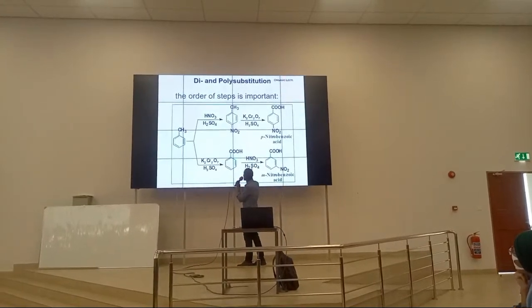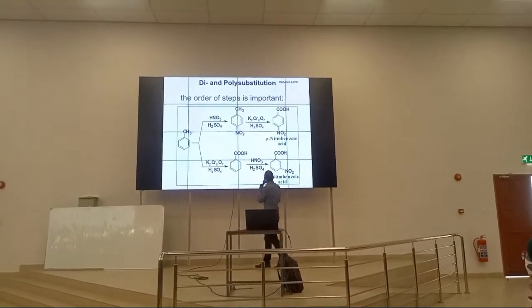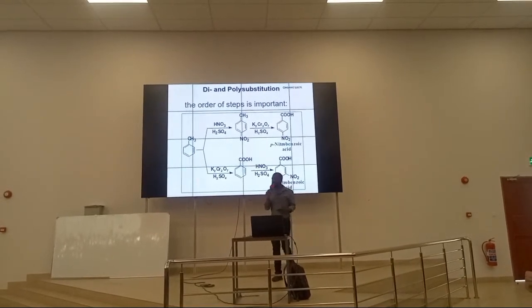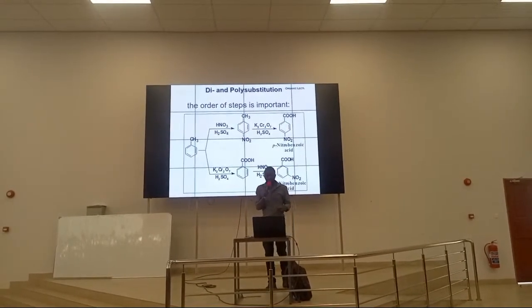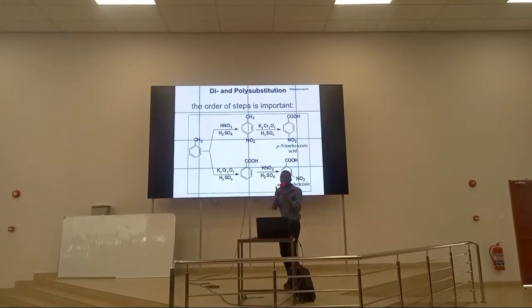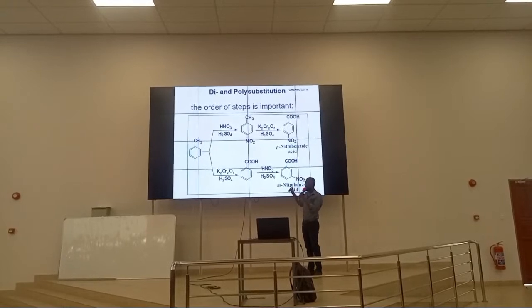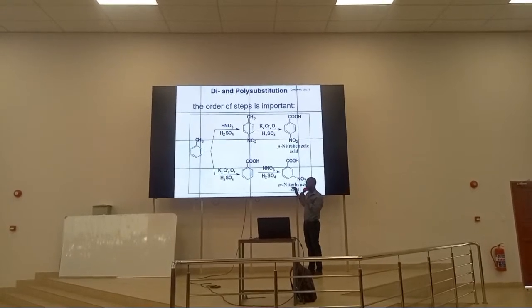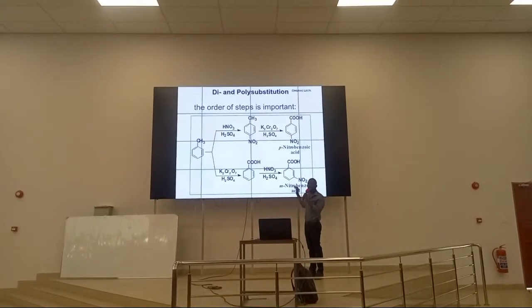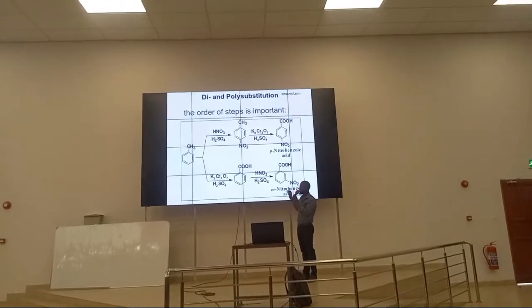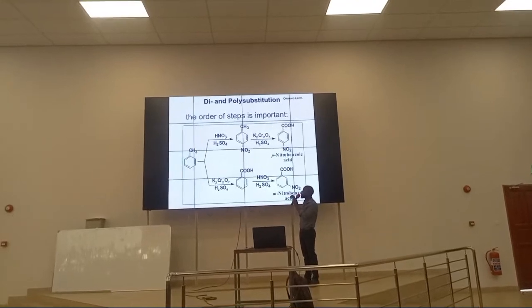If after carrying out this step, you put this nitro here, and you understand that the carboxyl is a meta-director, maybe you are even going to indicate that this is the minor product. Okay? But if you indicate that this is major, then you are clearly demonstrating a lack of understanding of the directing effects of different substituents.